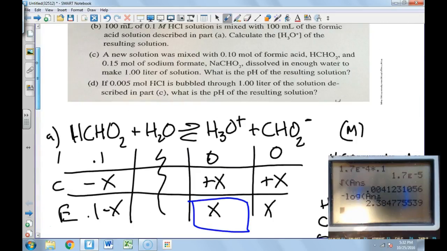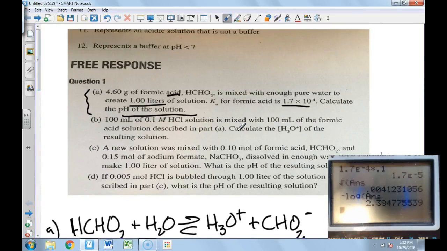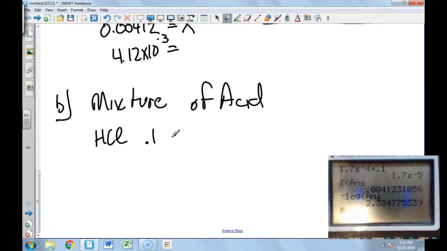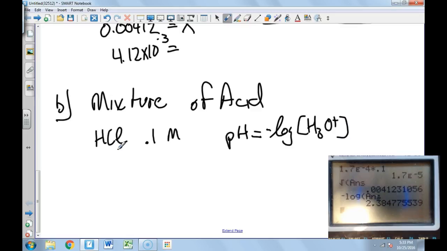And then we find what the concentration of HCl is. And so it's 0.1 molar HCl. So the pH of that solution is really just going to be the negative log of the concentration of the hydronium ion. And for strong acids, the concentration of the hydronium ion is equal to the concentration of the acid. So we're going to do pH equals the negative log of 0.1.